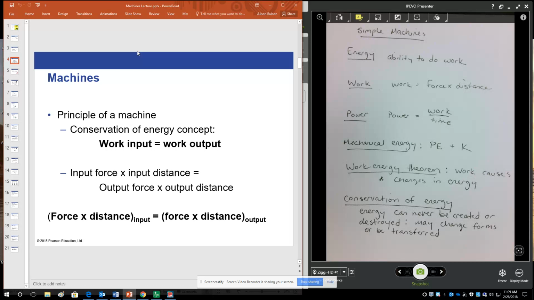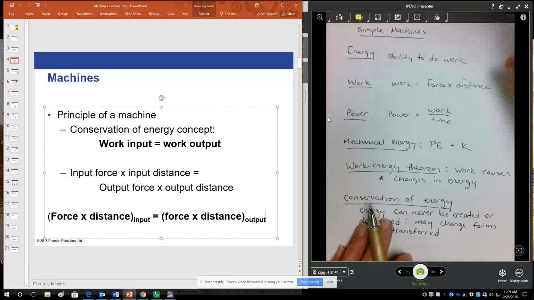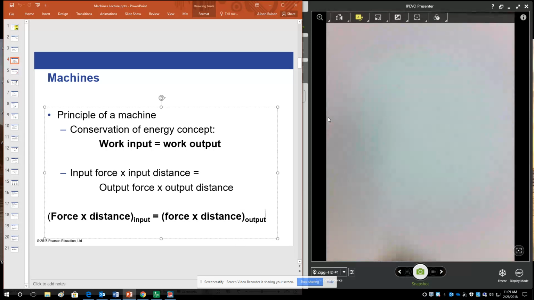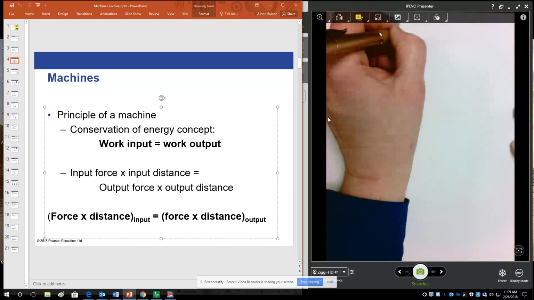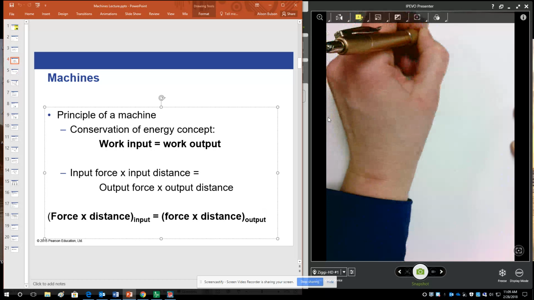Since we know that work is equal to force times distance, we can write this as force times distance on the input side of the machine equals force times distance on the output side of the machine. This is the foundational principle for simple machines, and we'll keep coming back to this over and over again. I'll abbreviate it as work in equals work out in my own notes.